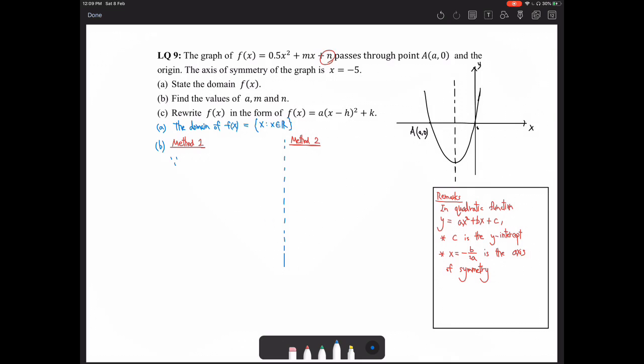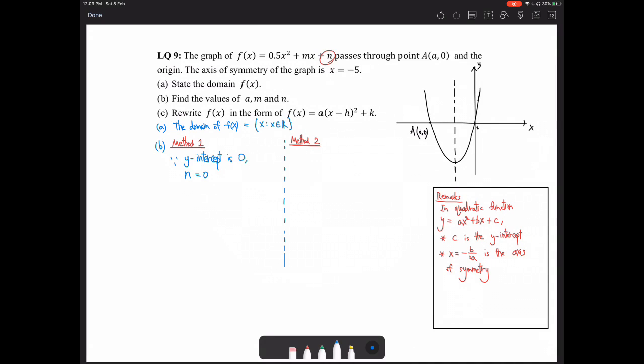From the graph you can see the parabola cuts the y-axis at 0, so since the y-intercept is 0, that means n is 0. So first we find n. n is 0.